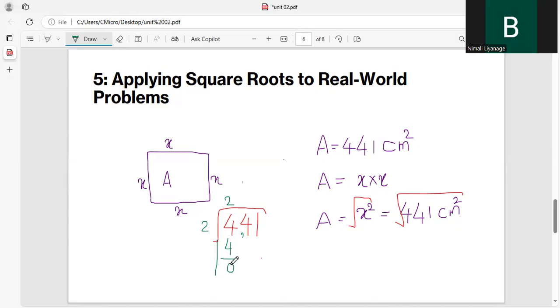No difference. Then the second group, 41. Double the number above the line. Double of 2 is 4. 4 what? 41, no? 41 times 1 is 41. So, no difference. Therefore, the answer is 21. What's the unit? Centimeters. 21 centimeters. The answer.